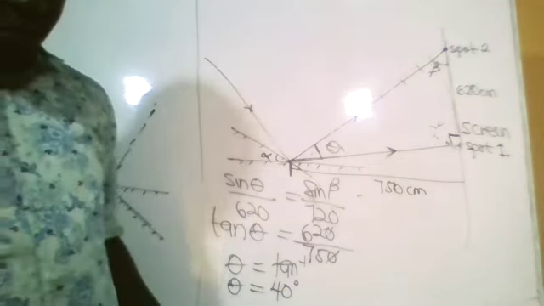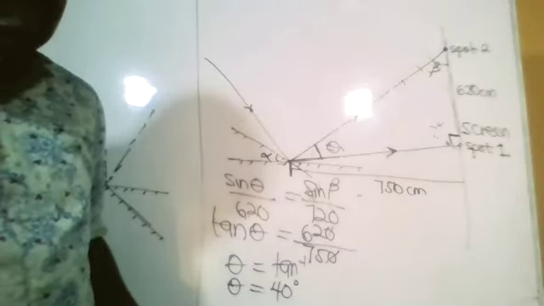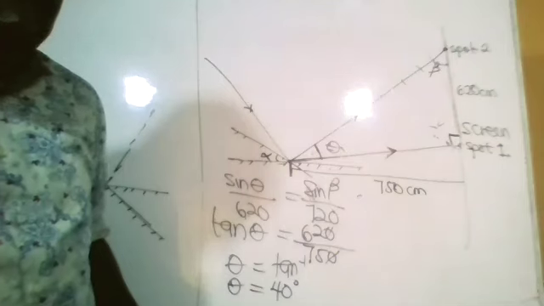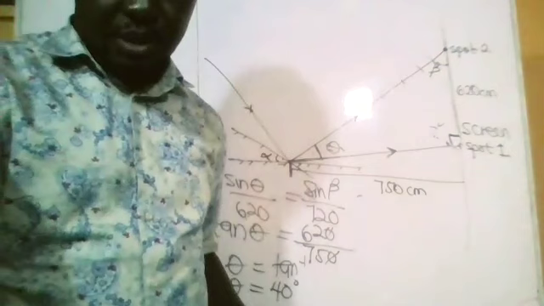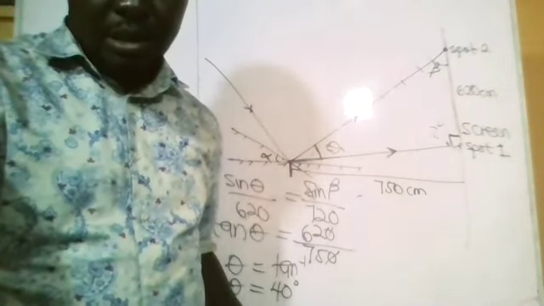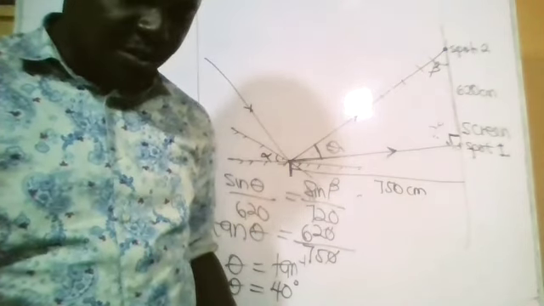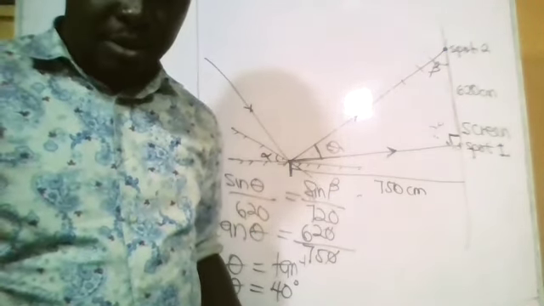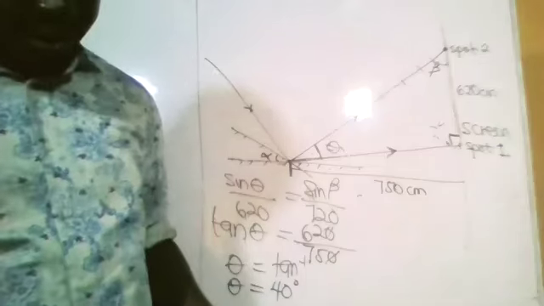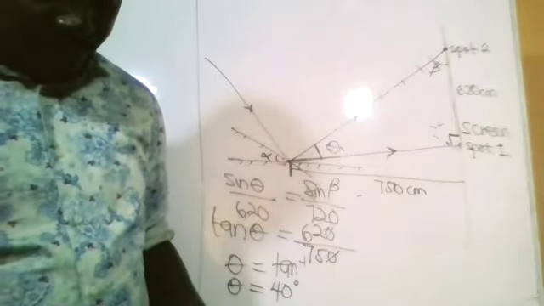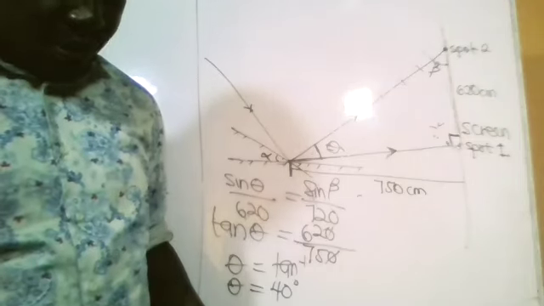The mirror is rotated through 13 degrees, and the spot moves up to a new position.